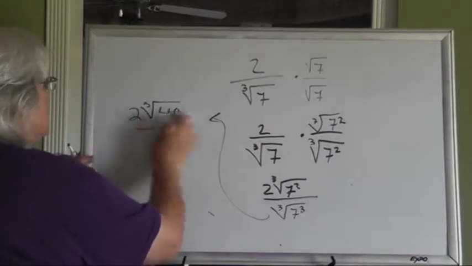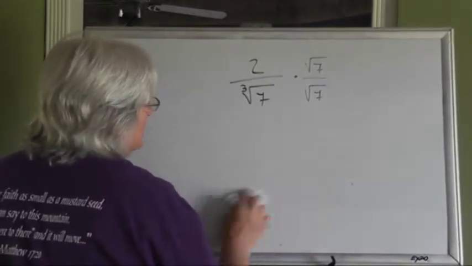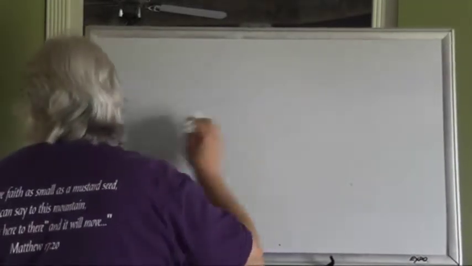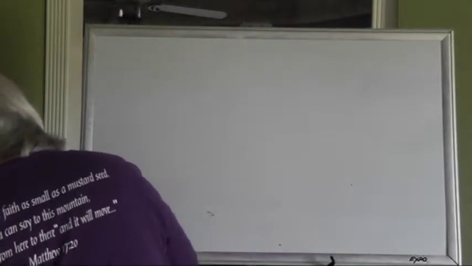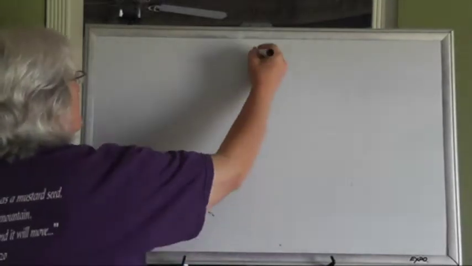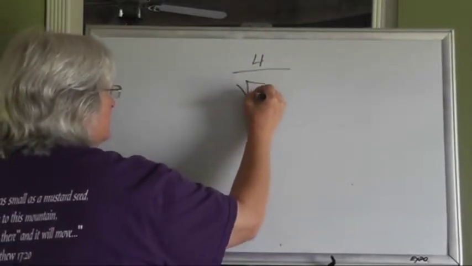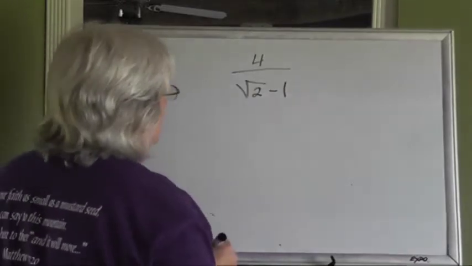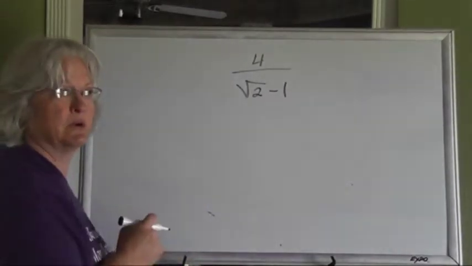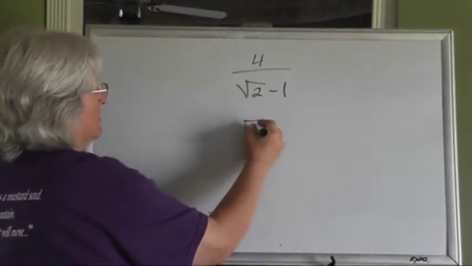So what happens if instead of simply having a single radical in the denominator, you have a binomial in the denominator? For example, this is number 1, 4 divided by the square root of 2 minus 1. We can't just multiply this by the square root of 2 divided by the square root of 2, because let me show you what would happen.